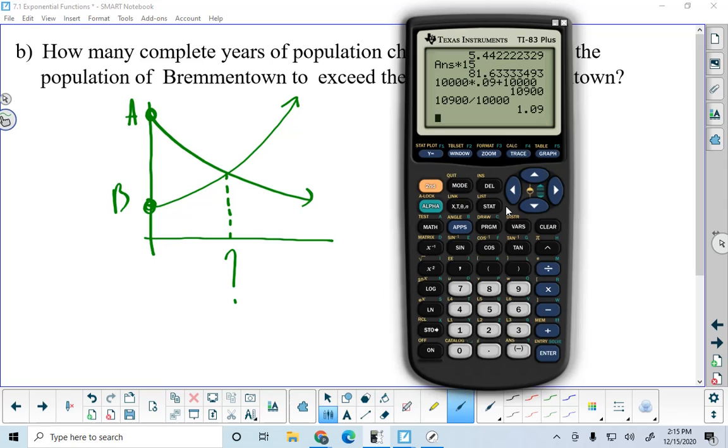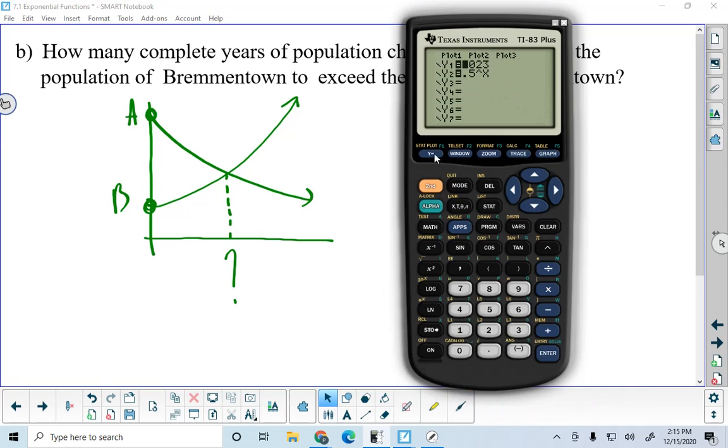I'm going to put in for y1 Allentown, which was, I believe, 75,000 times 0.95 raised to the x. For Brementown, I'm going to put in 10,000 times 1.09 raised to the x.